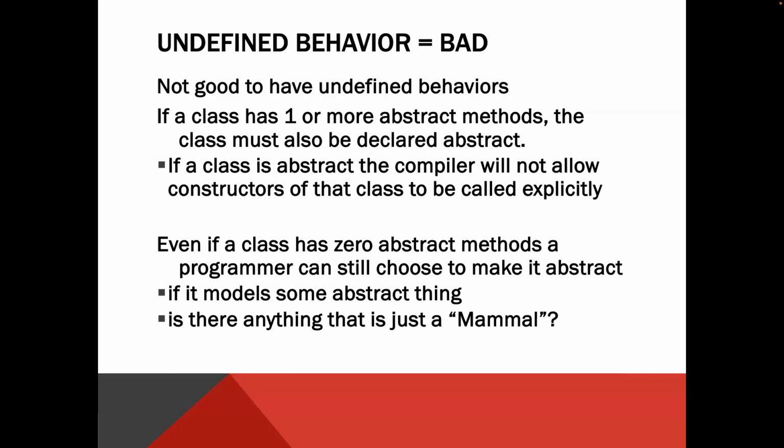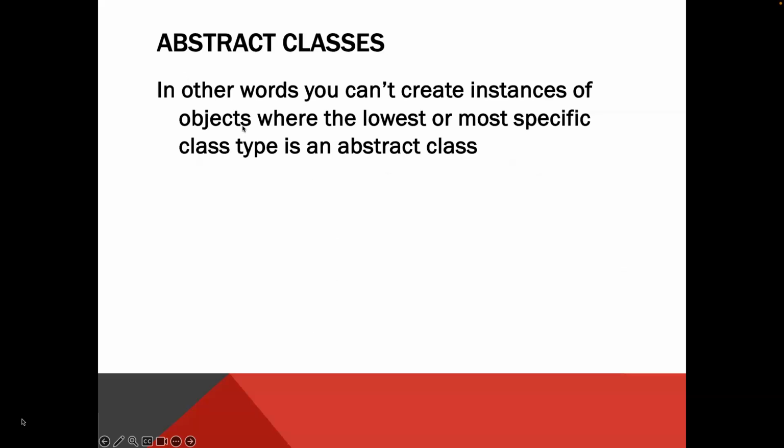So what this does for us, anytime you choose to make a class abstract, it's going to prevent you from calling constructors of that class or instantiating an object where that is the dynamic type. So, in other words, if you have an abstract class, you cannot create instances of that object where the most specific class type or the dynamic class type is an abstract class.